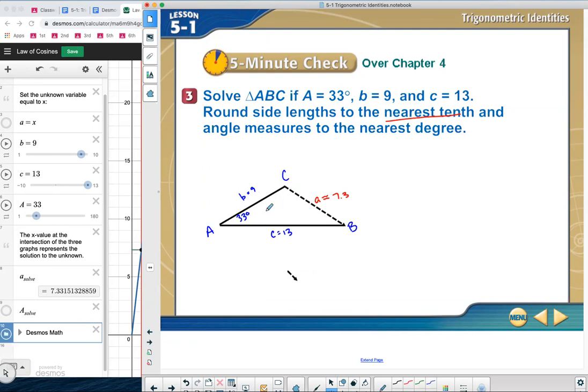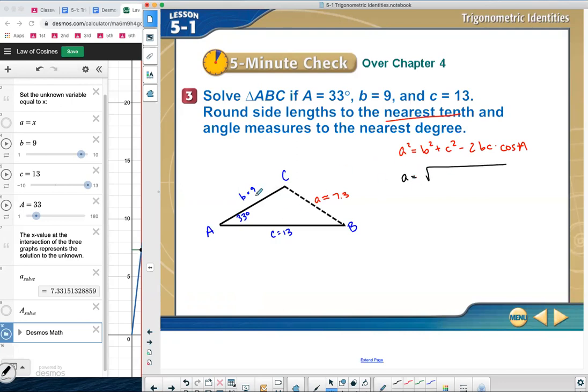Now, once you know that, you could use law of sines and say, hey, I've got a completed set, and use law of sines to find your next side. Or the other thing you could do, since you're using the calculator, is probably the easiest. And by the way, the algebra, what just happened? Let me back up for a second. The law of cosines is this formula: a squared equals b squared plus c squared minus 2bc times the cosine of capital angle A. So basically what happens, if you need your a, you would take the square root of both sides.